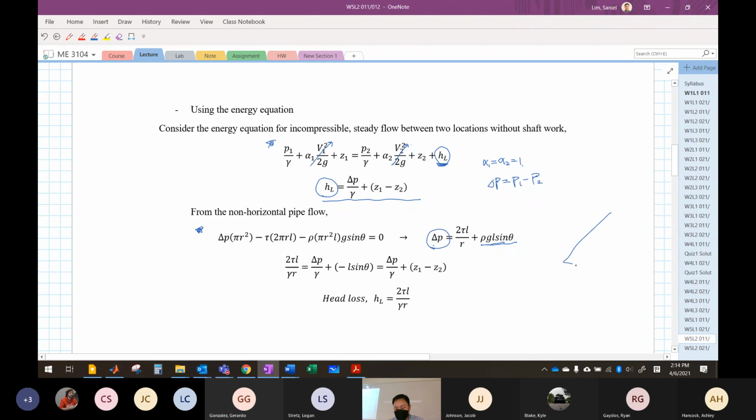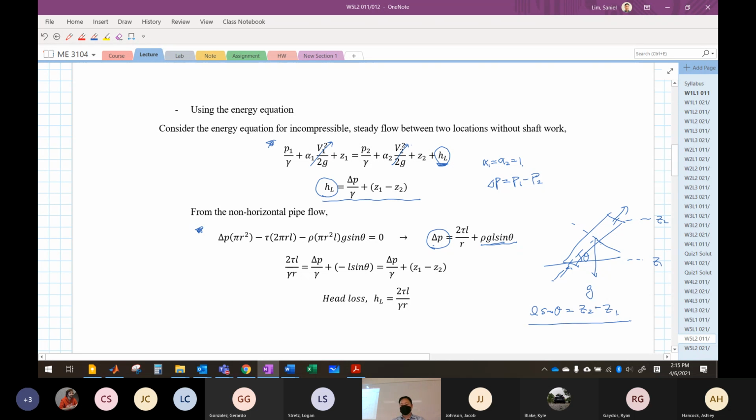So when you have a pipe here tilted, let's say this is g, this is going to be the theta again. So L sine theta is basically Z2 minus Z1, right?